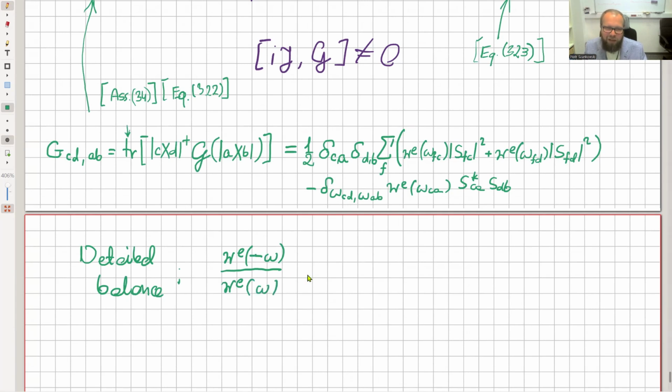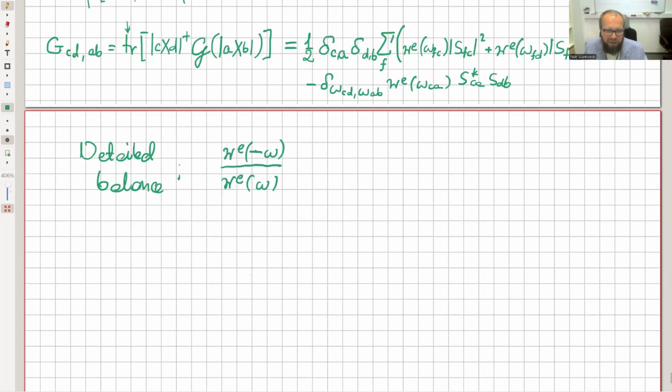You take a ratio of a transition rate at omega to the one at minus omega. If I write down some energy levels, HSA, HSP, whatever, you have a ladder of energy levels. Omegas are the differences between those energy levels.